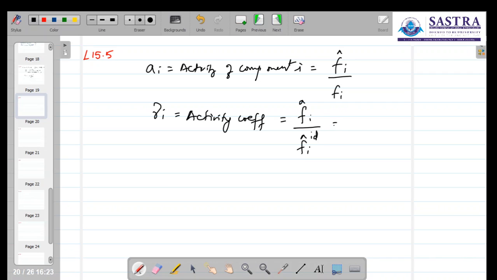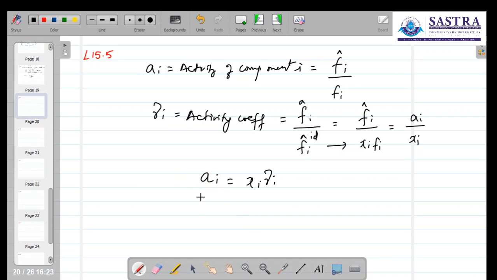So that means if you use here the Lewis-Randall rule, this denominator becomes x_i f_i, and then if you use the definition of a_i, this becomes a_i by x_i, or one can write activity is equal to x_i times the activity coefficient.